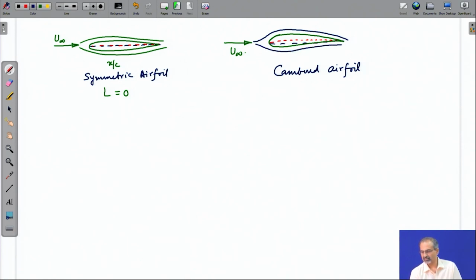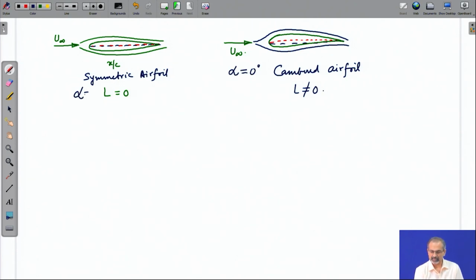Consequently, the pressure distribution is also unequal on the upper and lower surfaces at any given x by c. This pressure imbalance is largely the variable which influences lift, so the lift becomes non-zero even at an angle of attack of 0 degrees.